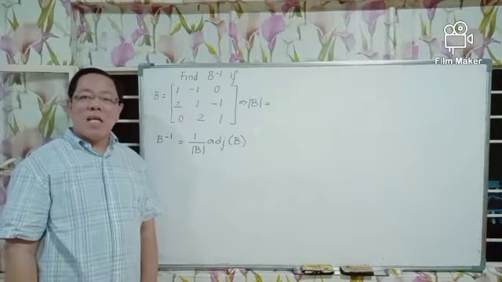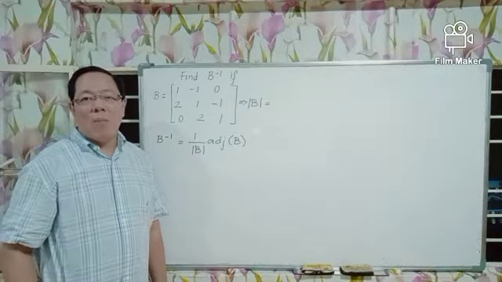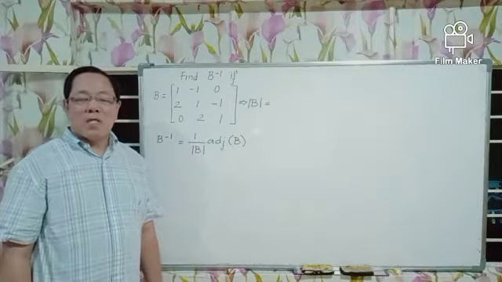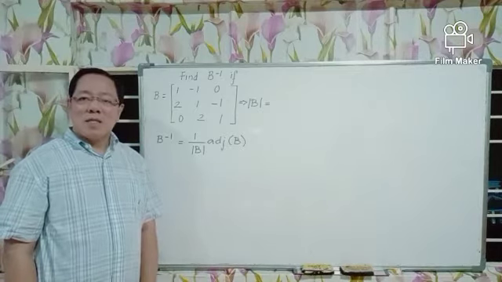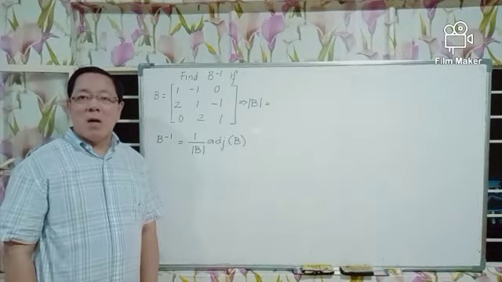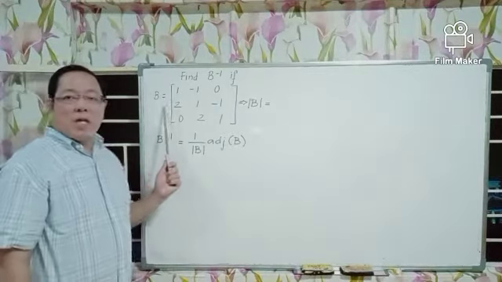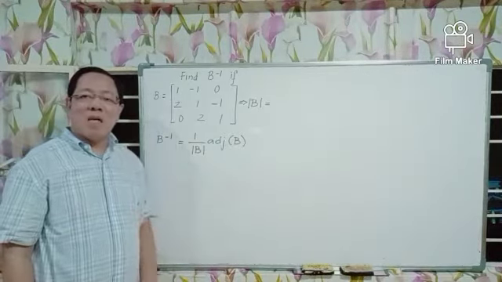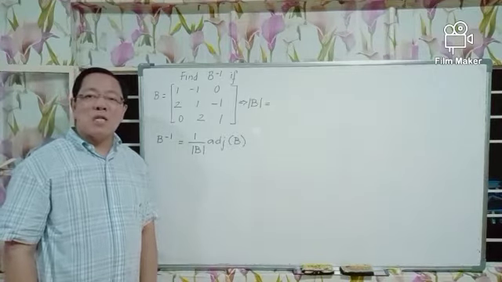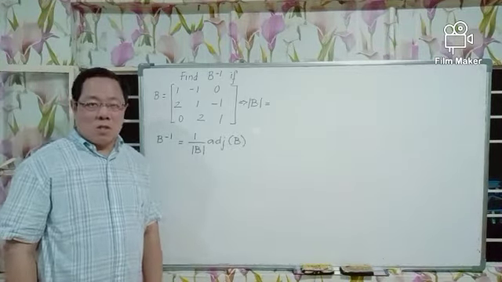That is, using any of the 3 rows or any of the 3 columns: 3 rows plus 3 columns, 6. There are 6 ways to find the determinant of matrix B, and for each way, you should get the same result.